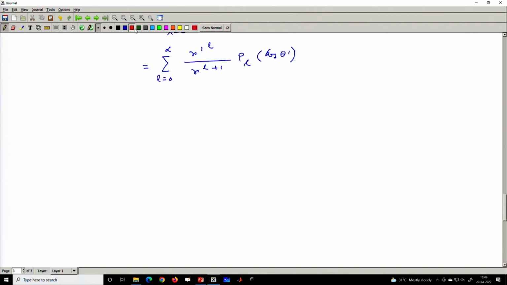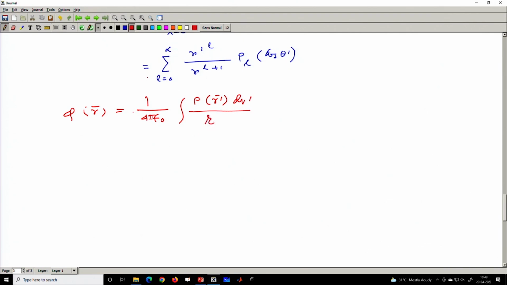The form of the potential phi(r), let me write it once again: it is 1 divided by 4 pi epsilon naught, and then the integration of rho(r prime) dv prime divided by r.